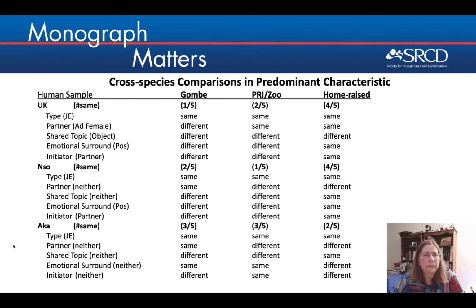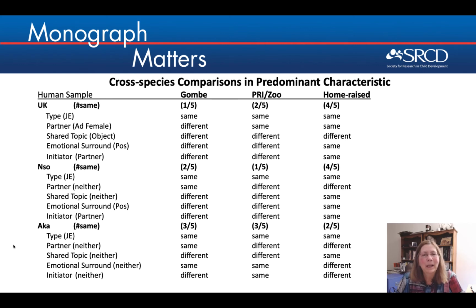And since we didn't find a universal phenotype for chimpanzees, we have to compare the human infant groups with each chimpanzee infant group. So this table summarizes our cross-species comparisons by viewing whether the predominant form of each characteristic was different or the same in these cross-species comparisons.